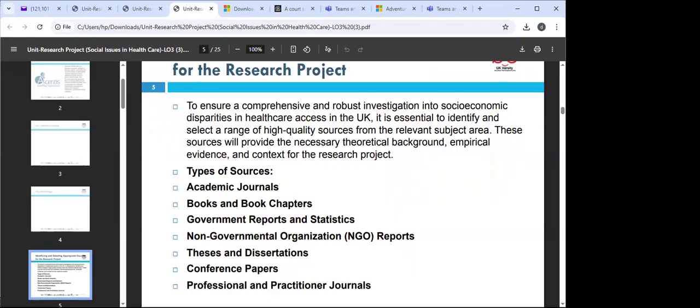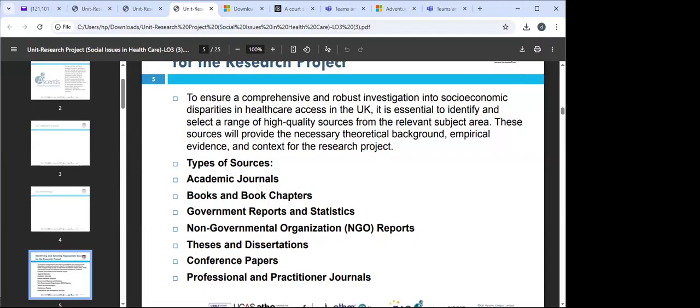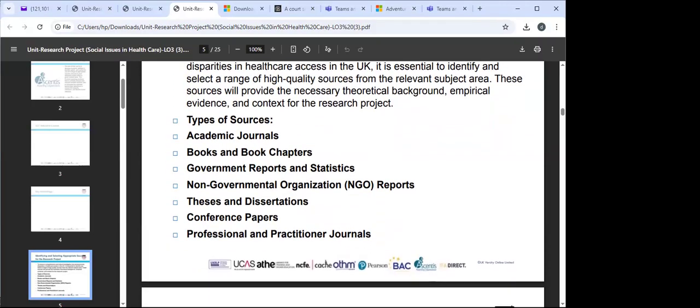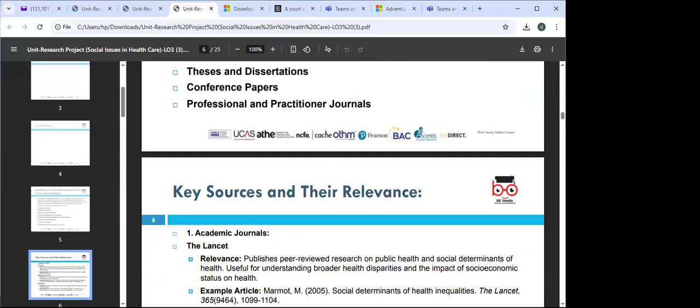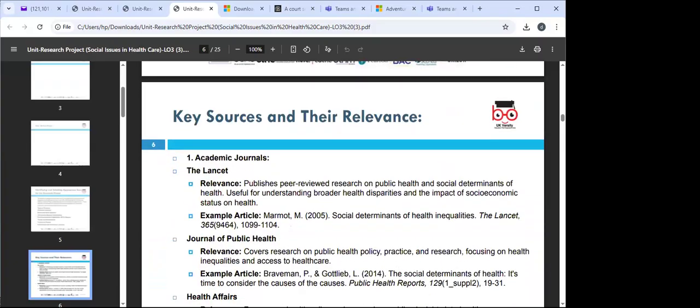There are NGOs that you can follow. There are government organizations, either for healthcare, health safety, and other conference papers that you can rely on in your information gathering. In fact, we have the NMC, the Nursing and Midwifery Council, we have the GMC, the General Medical Council, and various resources that you can rely on in your data gathering, and so on and so forth.